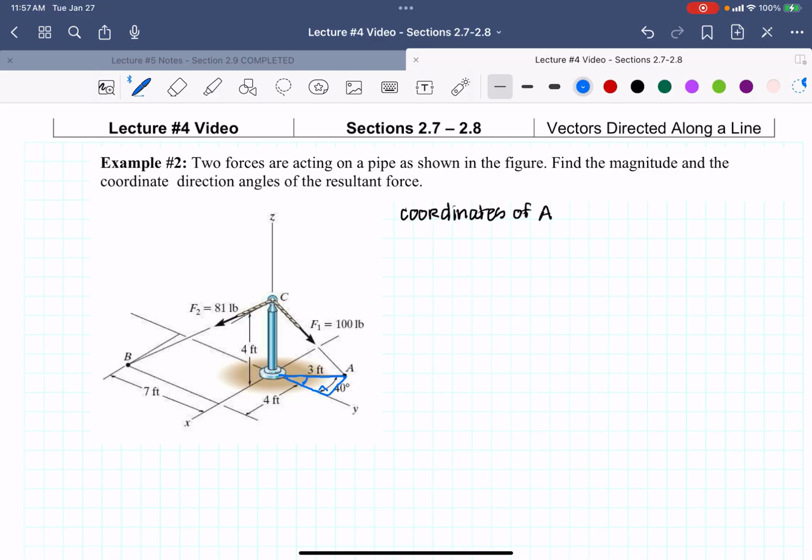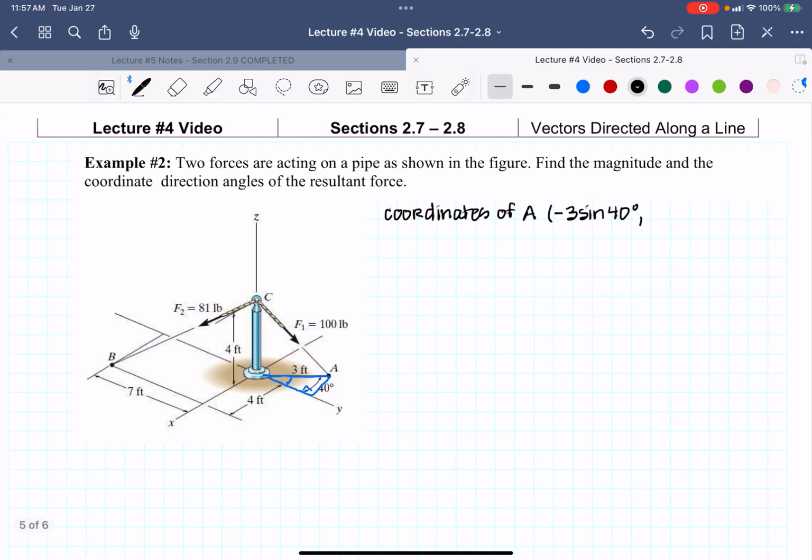So to find my X coordinate of A, I'm going to use the sine. And notice that it is negative because it does go towards the negative x-axis. So I'm going to have -3 sine of 40 degrees. My y component is going to be +3 times the cosine of 40 degrees. And my z component is 0.